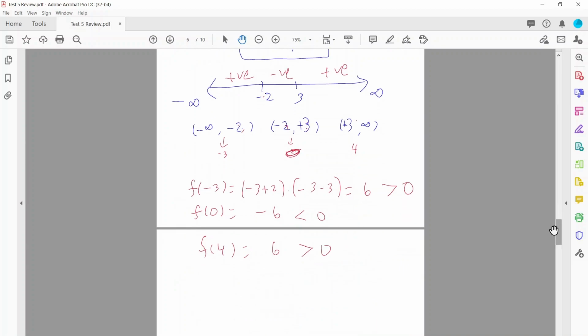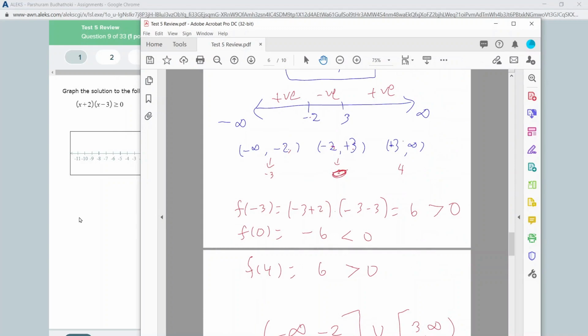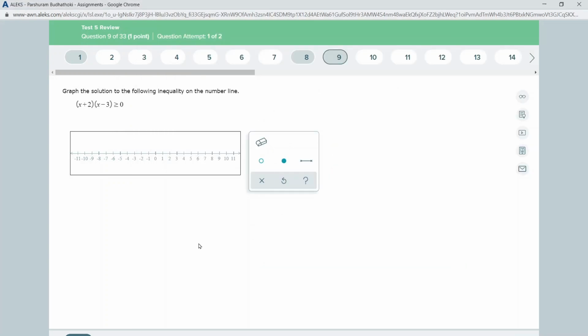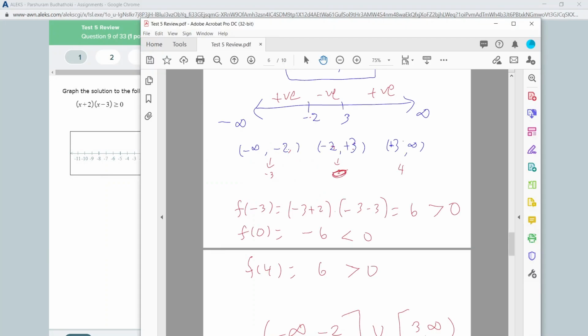So that means the solution would be from -infinity to -2, including -2, union from 3 to positive infinity. But before using this union sign, let's read the instruction given in the problem. Oh, we don't have to write it down, we just have to plot them. So it's from -infinity to -2.